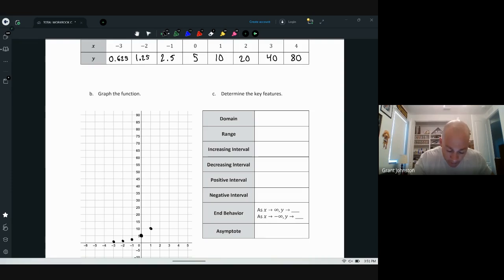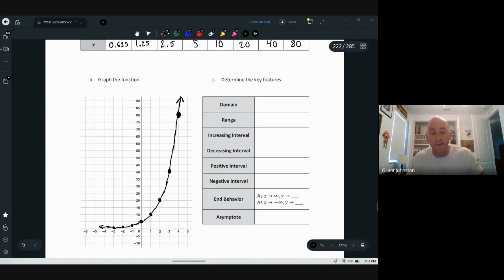Then I got 10, 20, and then 40, and then 80. Try to do this nicely. Okay. All right. So that's the graph.